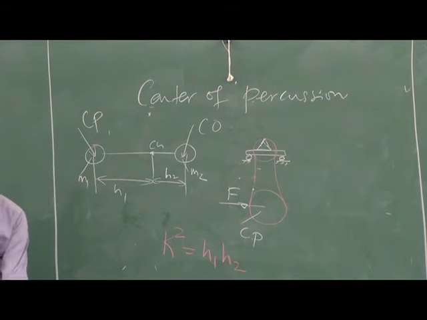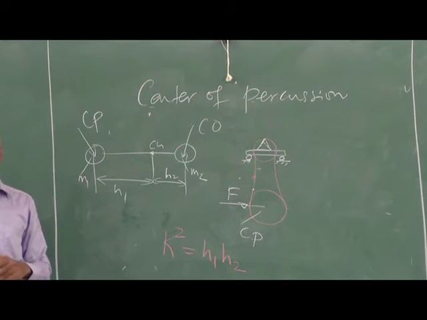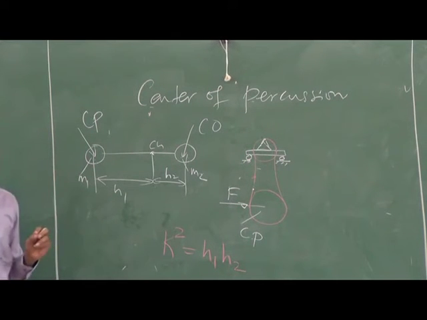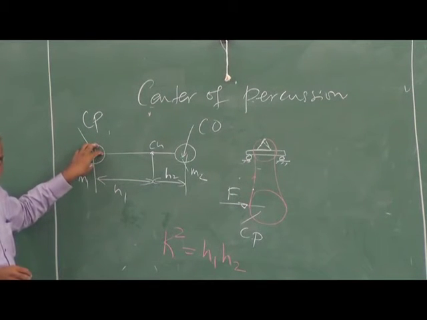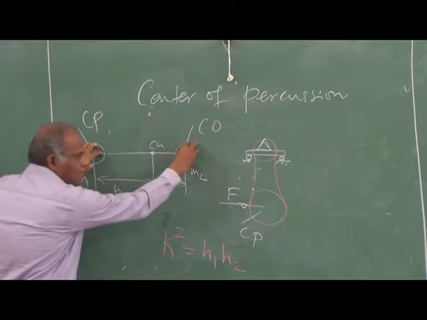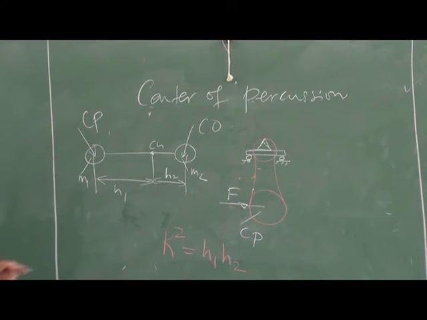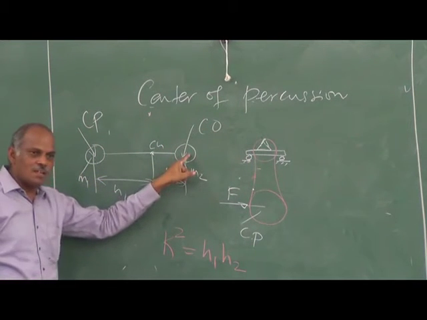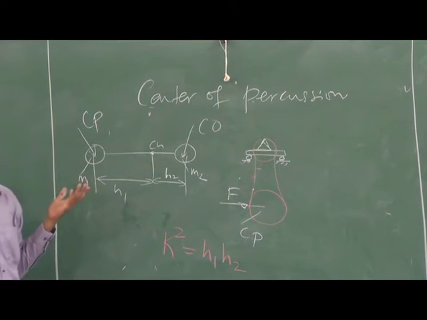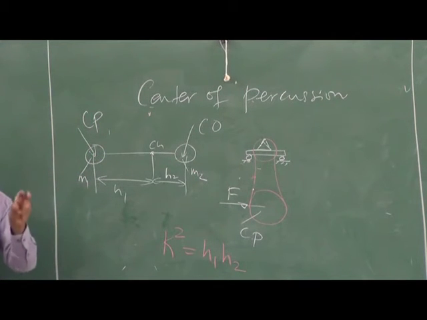So when you try to model a rigid body into a two mass system, one mass will be placed at the center of percussion, the other will be placed at center of oscillation. Vice versa. Suppose you take this as a center of percussion, this will be your center of oscillation. So they have a correlation.